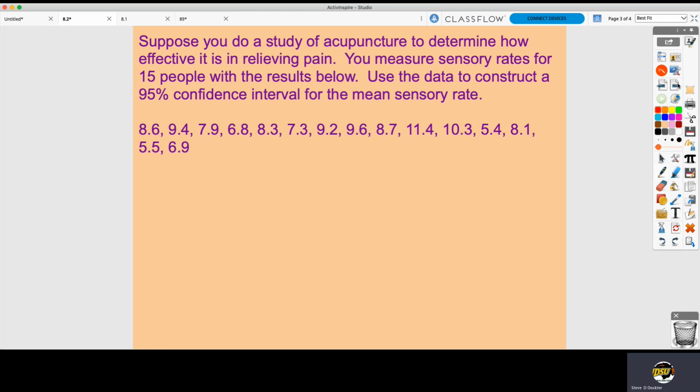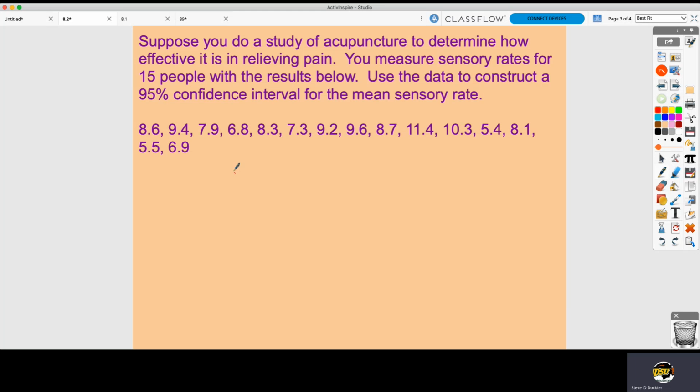Ladies and gentlemen, if you didn't hear Abigail, very good question. She asked, when do we use this compared to what we did yesterday? That will be the next section, which we'll do on Friday. For your homework today, it is most accurate to do the t-distribution.